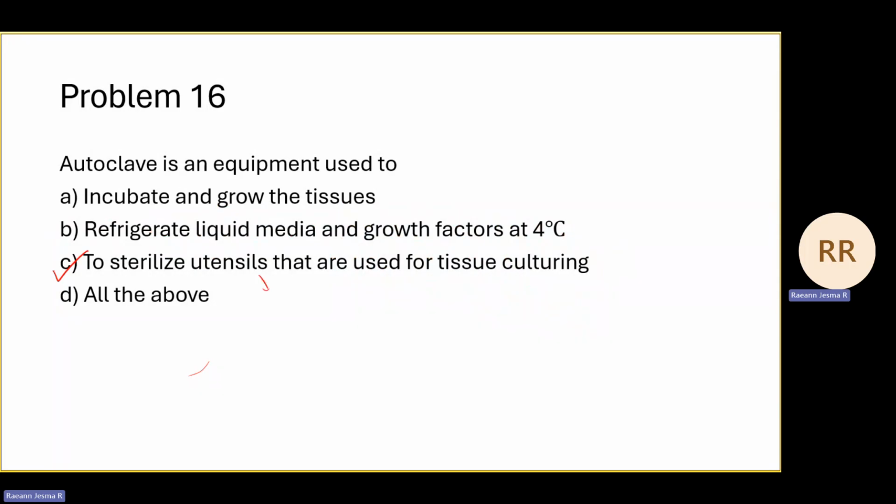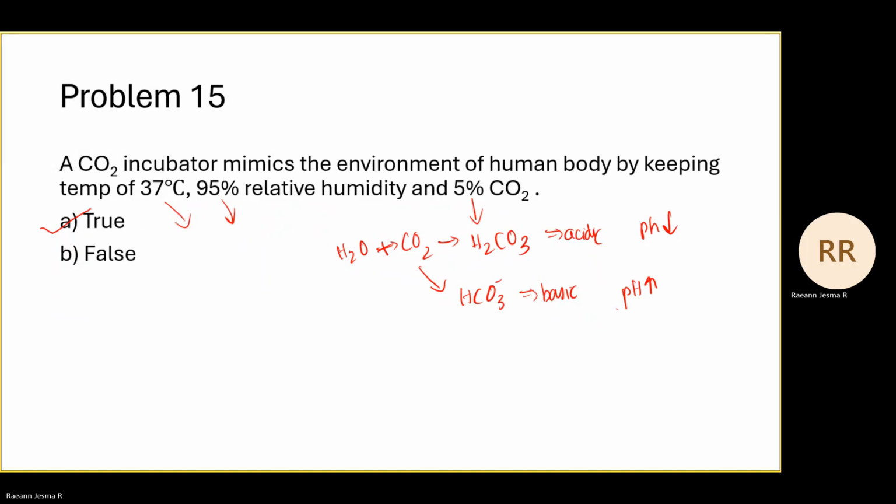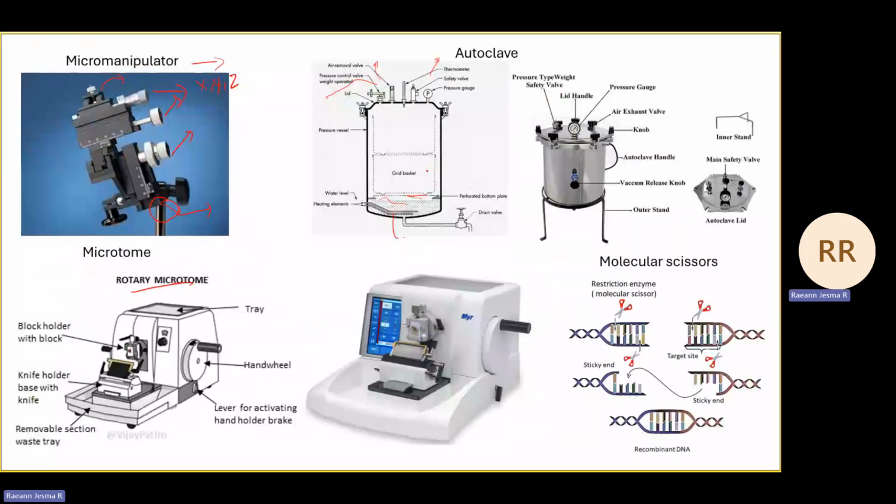Okay, so we already saw the image of an autoclave in one of our previous questions, right? In an autoclave, the microbial life that is present is destroyed. There will be different cycles of it, where water is heated and converted into steam.